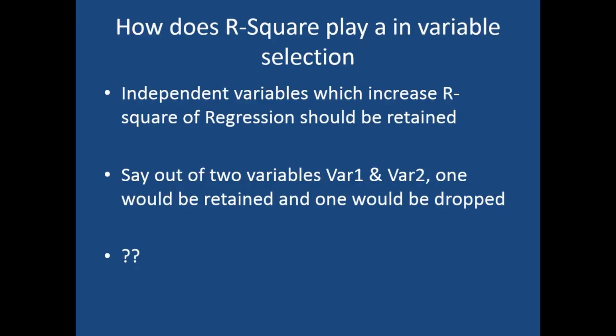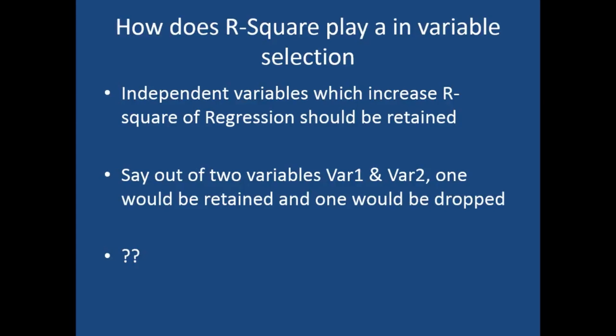So when there is a question of dropping one of two variables, say we have got variable 1 and variable 2, which one of these variables is to be retained and which one is to be dropped? How do we take the decision? Just add variable 1 to the model and see how it is increasing the R square.